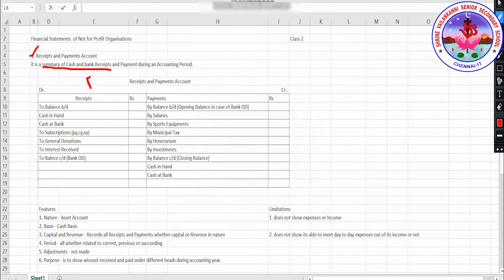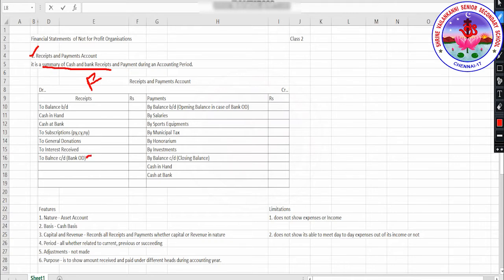You can just go through it. It's the format. So you have the opening balance here, that is cash in hand and cash at bank. Then you have subscriptions received for the previous year, current year, and next year, general donations, and interest received, and balance carried down if it is a bank overdraft.